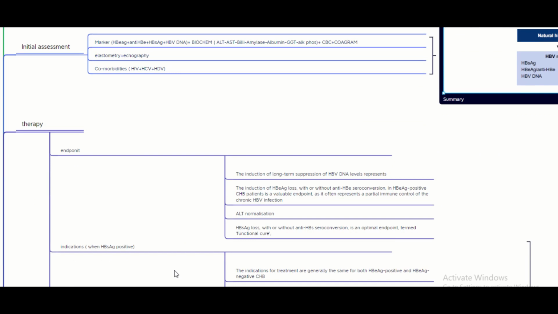And the induction of HBe antigen loss, with or without anti-HBe seroconversion. Some patients will not go into HBe seroconversion, but will have HBe antigen loss when on long-term drugs.